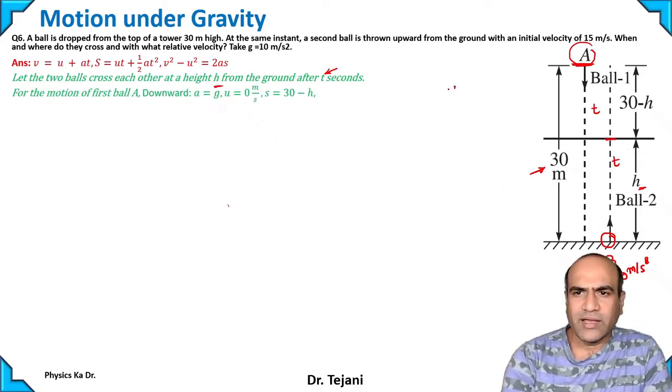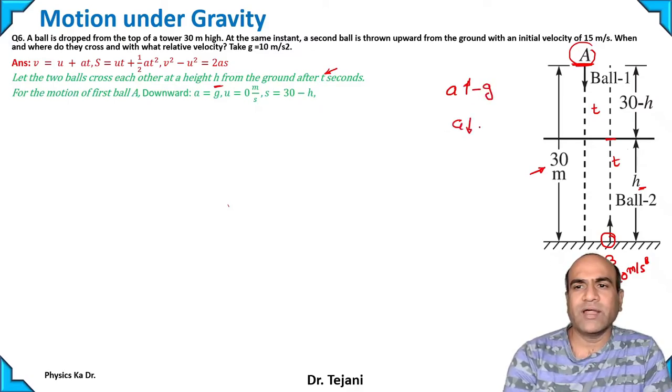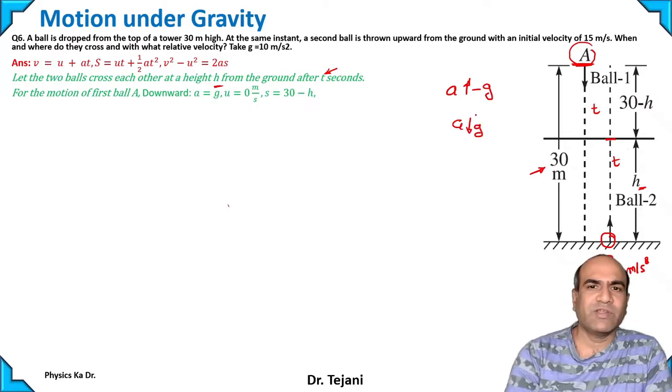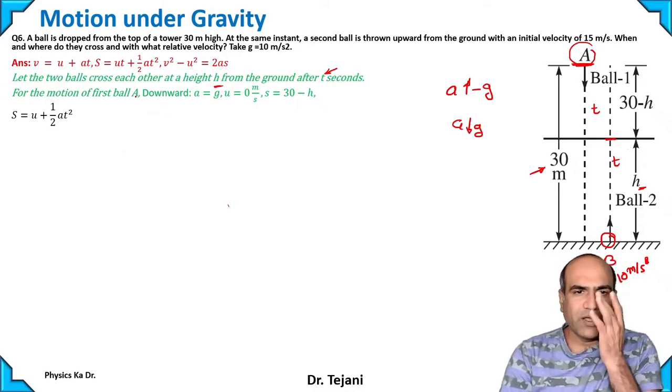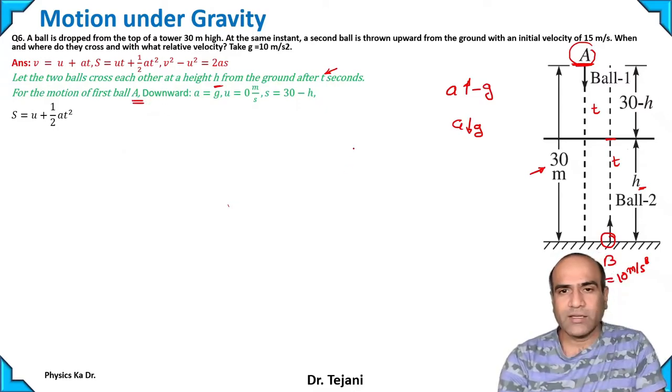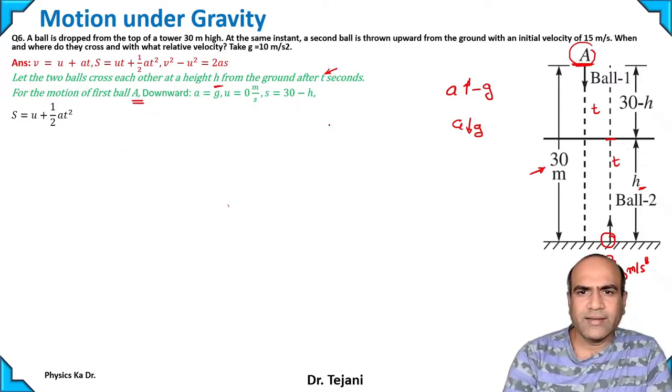When the ball is moving up, acceleration is equal to minus g, and when the ball is moving in the downward direction it becomes plus g. That we know very well. Let us calculate for ball A. For ball A, the ball is moving in the downward direction, so acceleration is plus g.